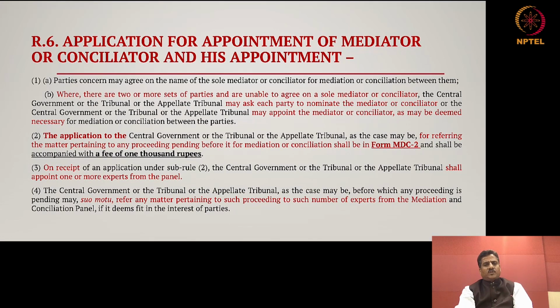So any of the disputing parties in a case pending before the central government or tribunal or appellate tribunal can file an application in the prescribed format, form number 2, and along with that form, he has to pay the fee of 1000 rupees.